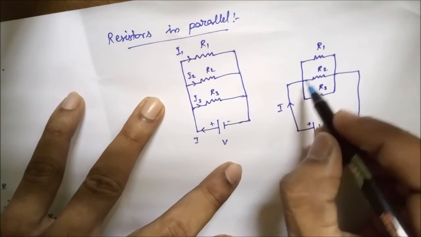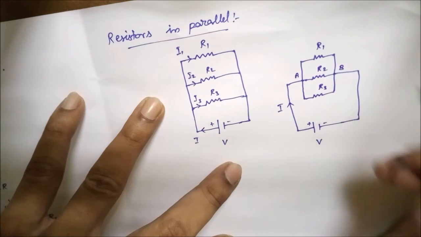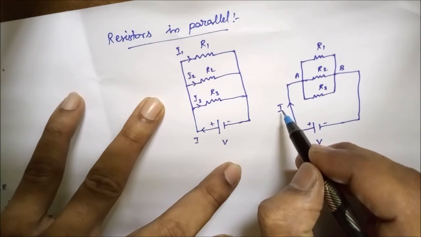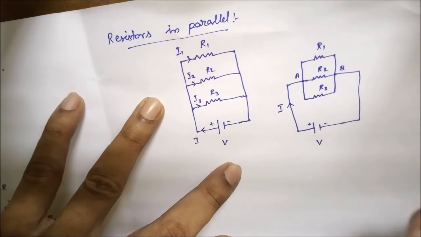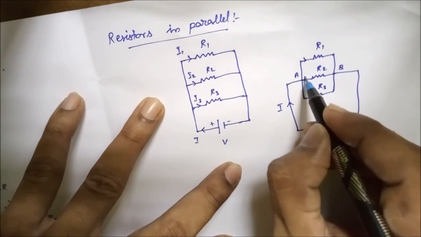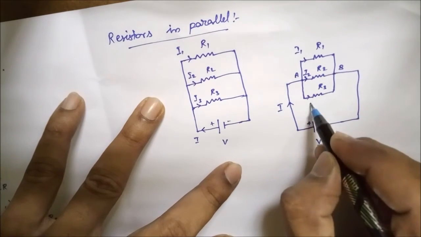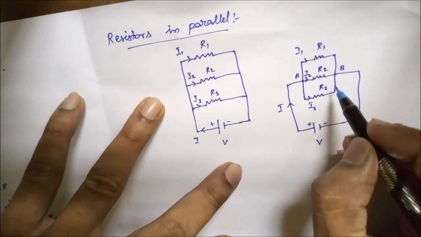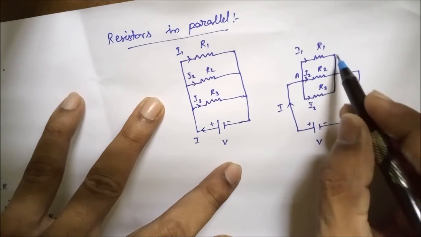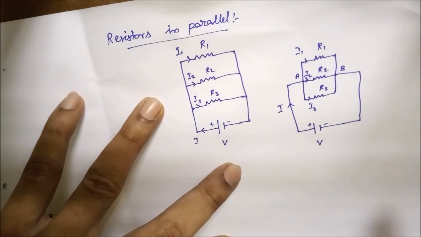Now after reaching this point, for example A, and this is junction B, this I amount of current, when it reaches the junction, will be split into 3. So here I1 and here is I2 and here is I3. But a potential will be applied between the ends of R1, R2 and R3. So potential doesn't change, only the current is varying.